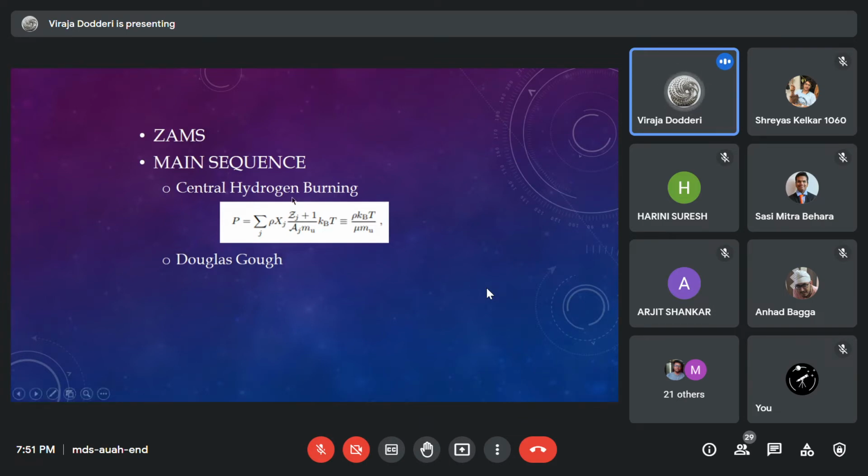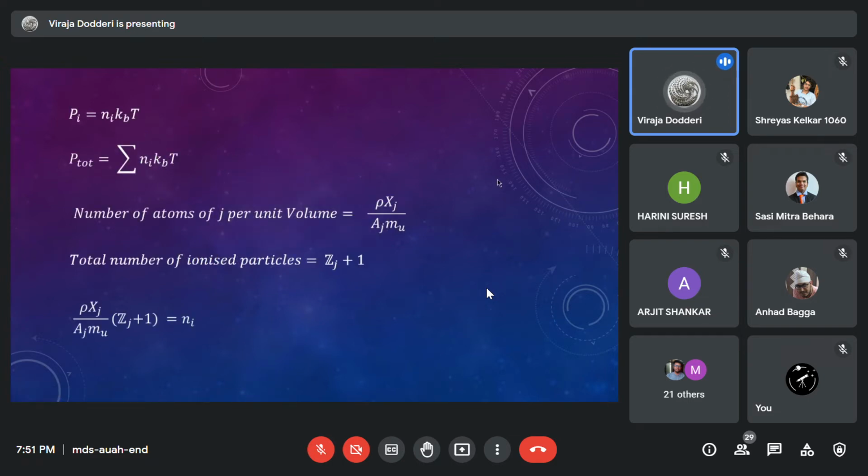You can understand this equation through this. This is basically the partial pressure, and the total pressure will be the sum of all the partial pressures, and rho and xj is the abundance of the jth element.